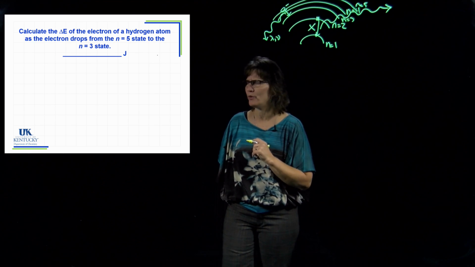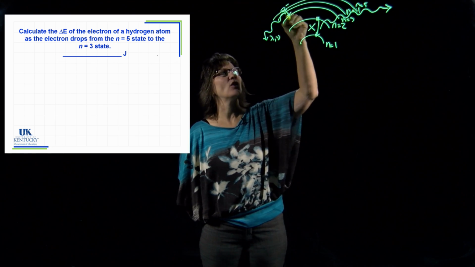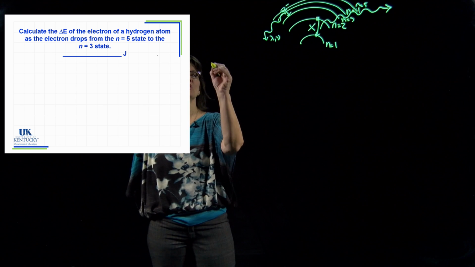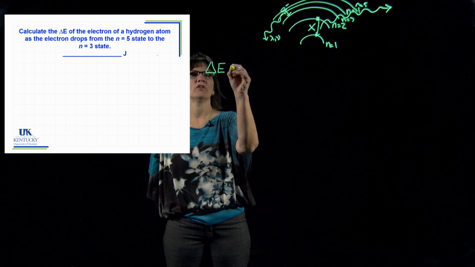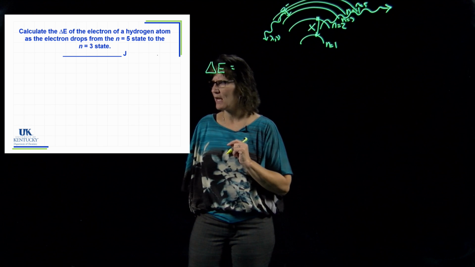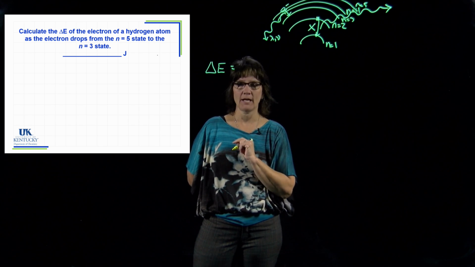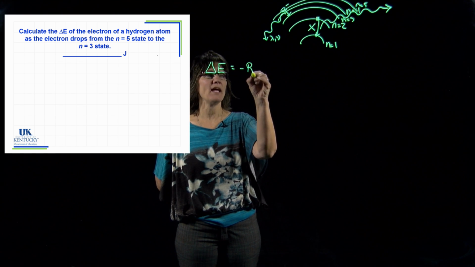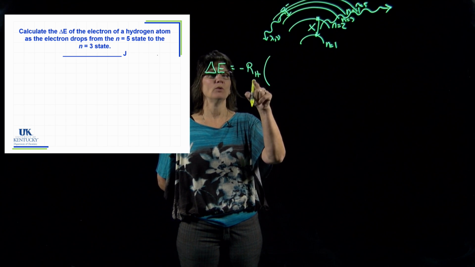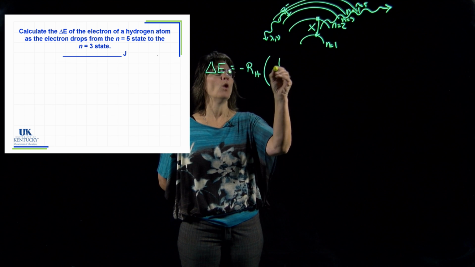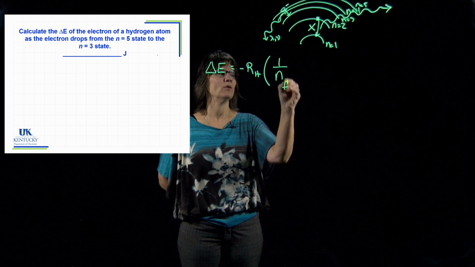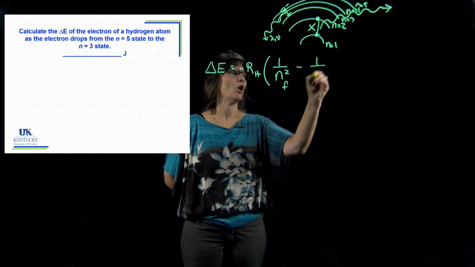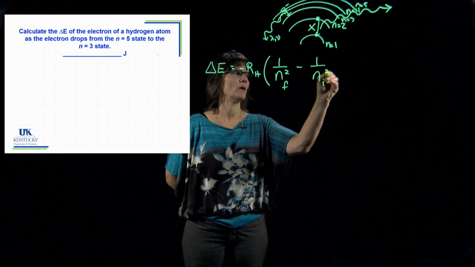But the first thing I want to do here is figure out that electron's transition. How much energy did it lose? Well, here's the equation. It is in a hydrogen atom. It says so there. Okay, so this equation applies. Negative R sub H, that's the Rydberg constant for hydrogen, times 1 over n final squared minus 1 over n initial squared.